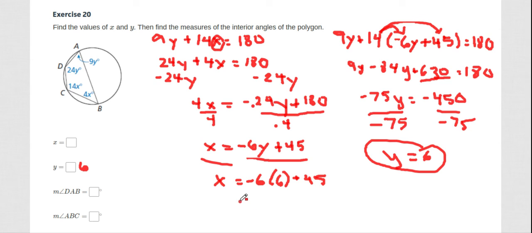Negative 6 times 6 is negative 36 plus 45, and then x is equal to 9. I believe once you find the values of x and y, then the rest should be kind of easy. Find the measure of angle DAB. Angle DAB started off as 9y, but now that we know the value of y, we could find the measure of that, and so on, the measure of angle ABC. So that should get you started on this problem.